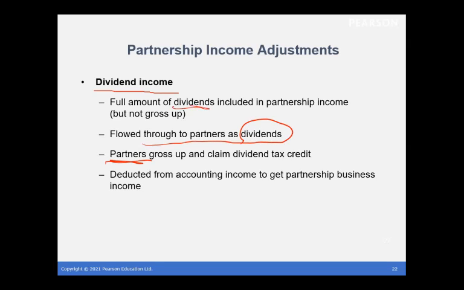So what we're talking about here is that maybe the partnership owns shares in a corporation and is getting paid dividends. It's invested some money in something and it's receiving dividend income. Those dividends will flow through to the partners as dividends and get grossed up on the partners' tax returns, and they'll receive a dividend tax credit. So none of that happens at the partnership level. It happens for the partners specifically.